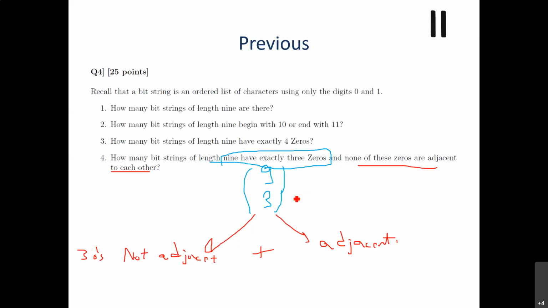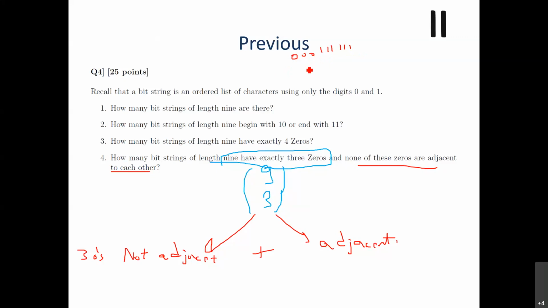If they are adjacent, what are the possibilities? You have 9 digits, 3 of them are zeros, and they're adjacent. So the possibilities are, for example, this.